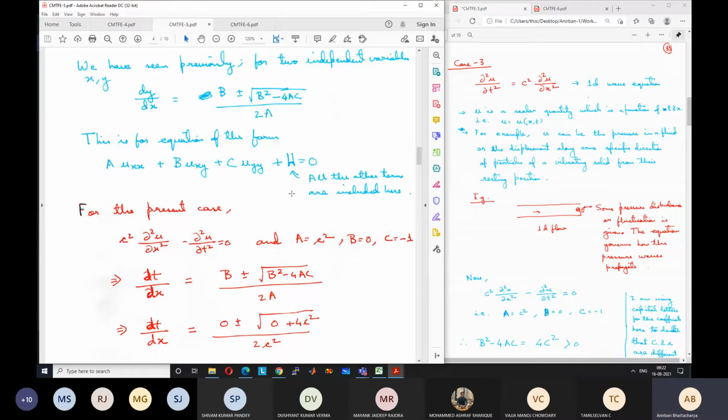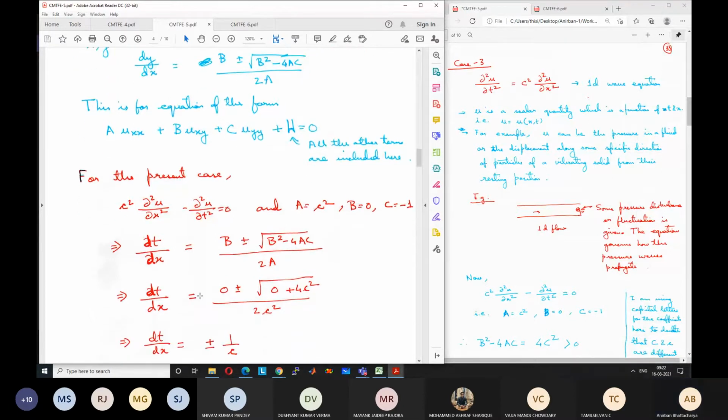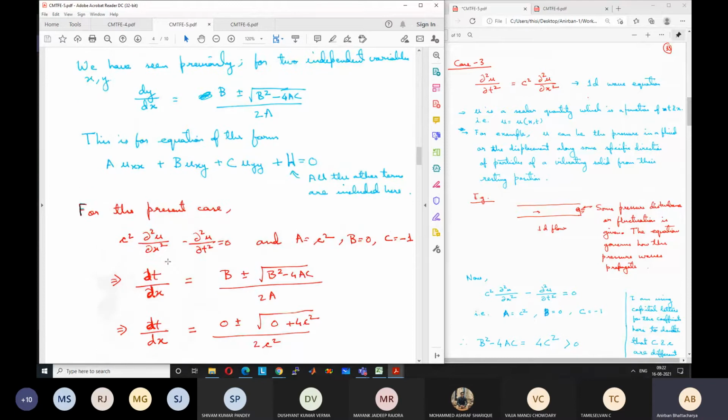So for the present case, what is our equation? c square del square u del x square minus del square u del t square equal to 0. So here a is nothing but c square, b is 0, and c is -1. You can replace these values here. And what is y? y is t and x is x.